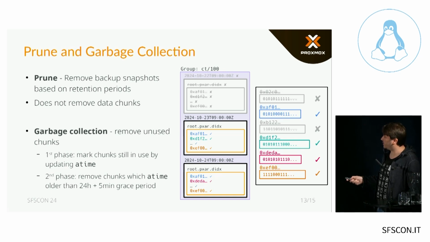So therefore this grace period. And all the chunks which are still indexed within one of the index files are therefore kept, whereas the chunks which have not been accessed by the garbage collection can safely be removed.